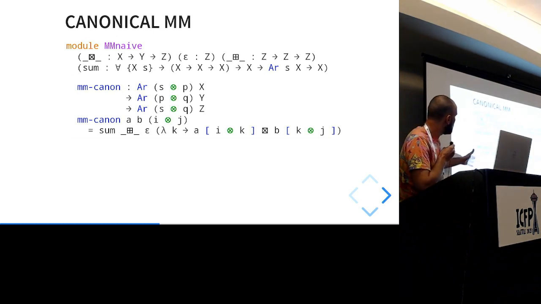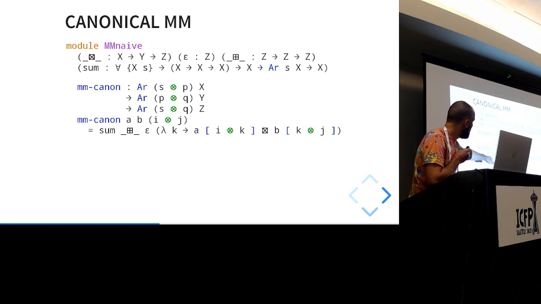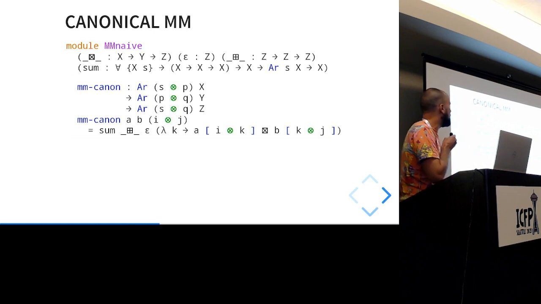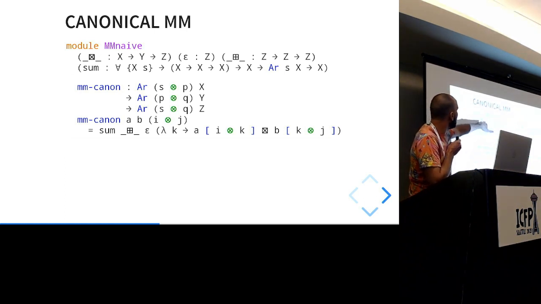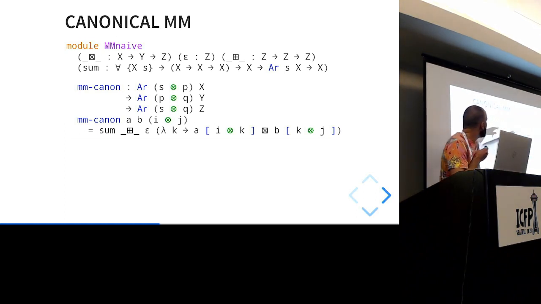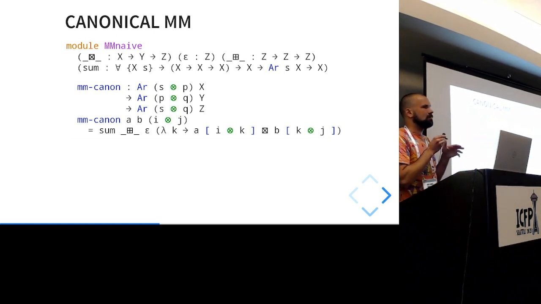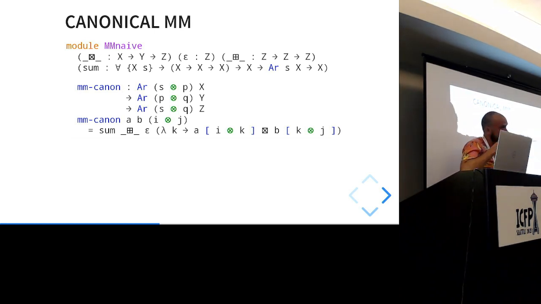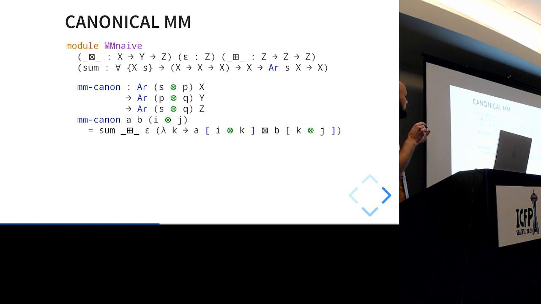And all we have to do is do the sum with plus over, well, a_ik times b_kj for some chosen multiplication-like operation, zero-like operation, plus-like operation, and sum, which is a multi-dimensional version of fold. So you fold all the elements of the array using this binary operation and this neutral element, right? Just choose your favorite implementation, and this is going to be your matrix multiply, the naive one.